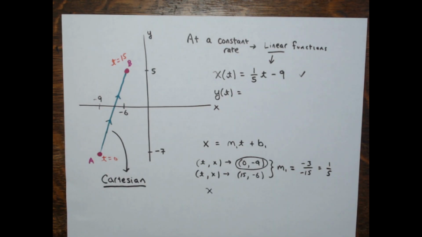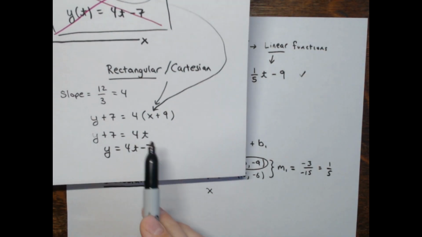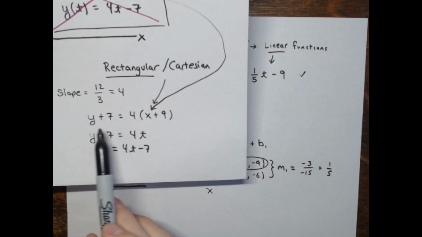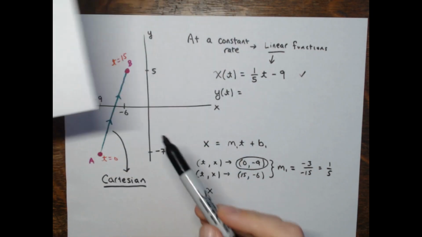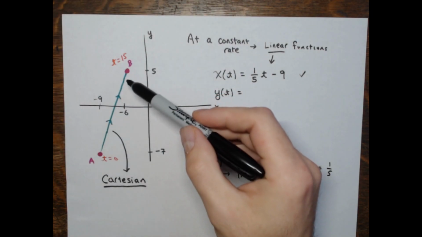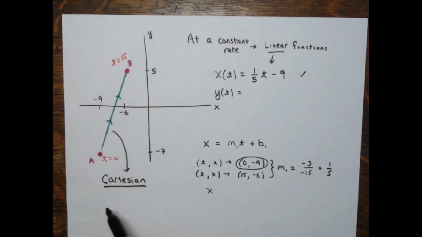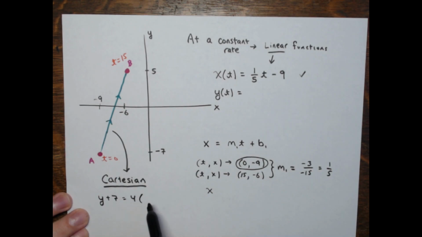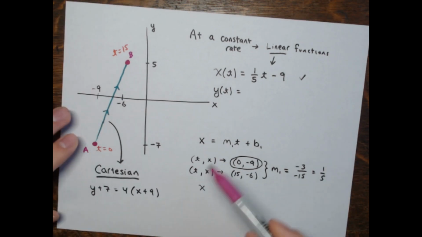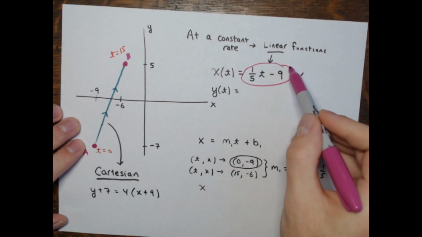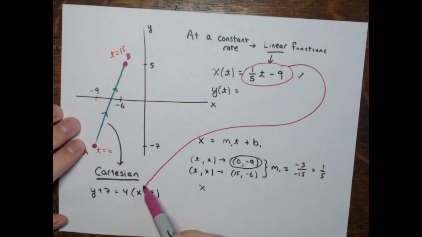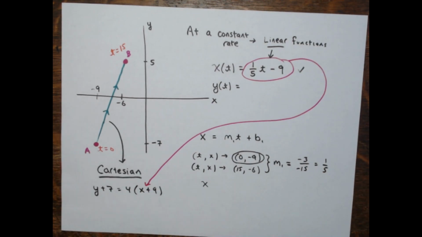Now the Cartesian equation, I had this right on the bad page, in point-slope form. The slope of the line containing this segment is 4, and it does contain the point -9, -7. So we got y plus 7 equals 4 times x plus 9. And then I'll pop in our parametric equation for x to get a parametric equation for y.